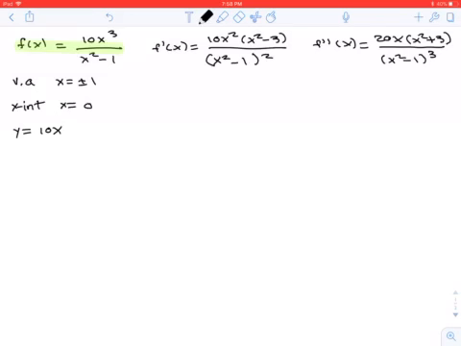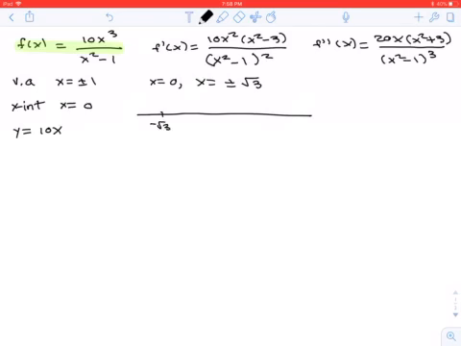For my critical values, I took the numerator and set it equal to 0. And I got critical values when x equals 0 and when x equals plus or minus the square root of 3. So in making my sign chart, I got negative root 3.